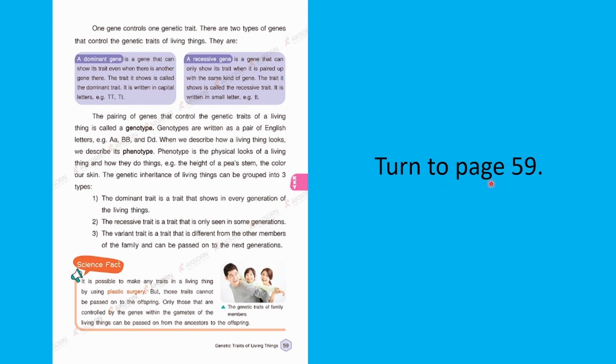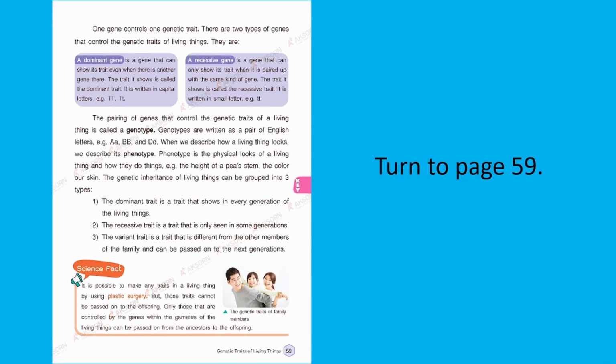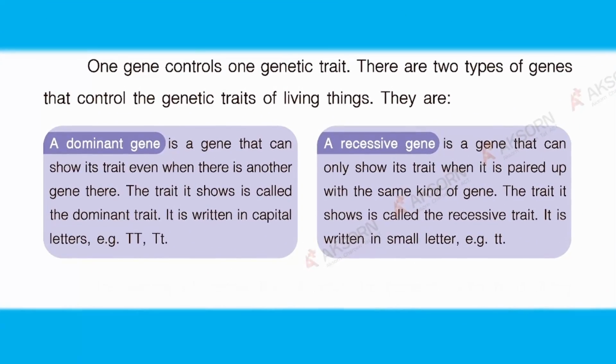Turn to page 59. One gene controls one genetic trait. There are two types of genes that control the genetic traits of living things.